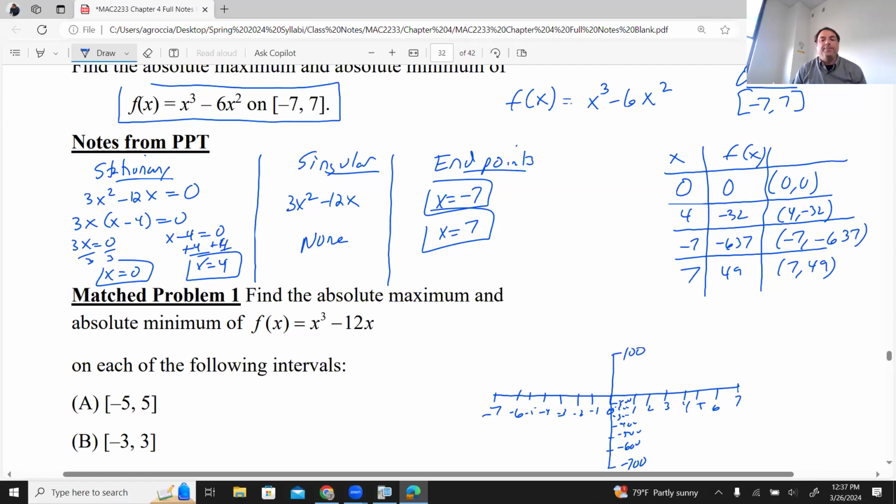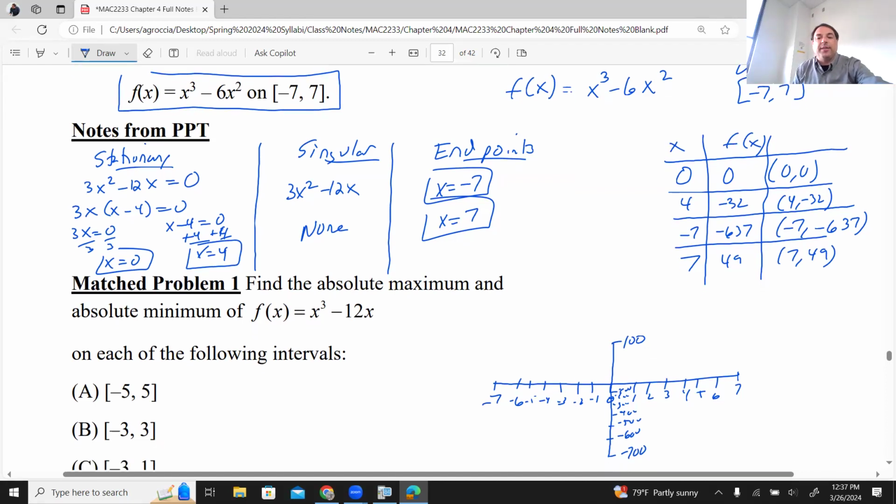Probably 100. Okay. Now, some of you are saying, I'm struggling a bit with the window. How do I know if I have an appropriate window? Well, the answer is, can you see all the points? 0, 0. Got it. 4, -32. Got it. -7, -637. Got it. And 7, 49. Got it. If you can easily label all the points, you know you did it correctly. Okay.